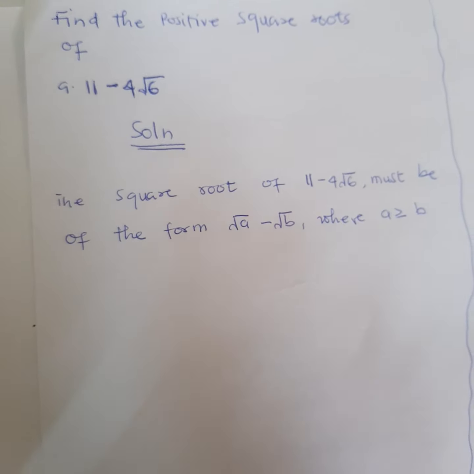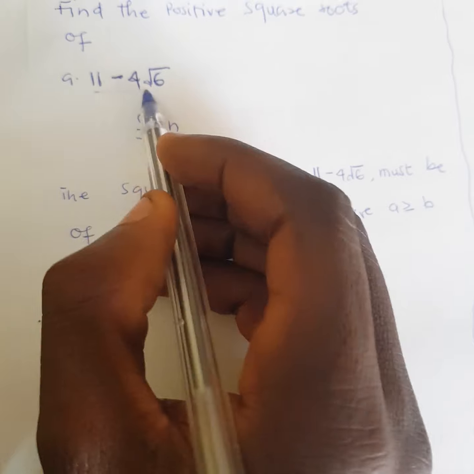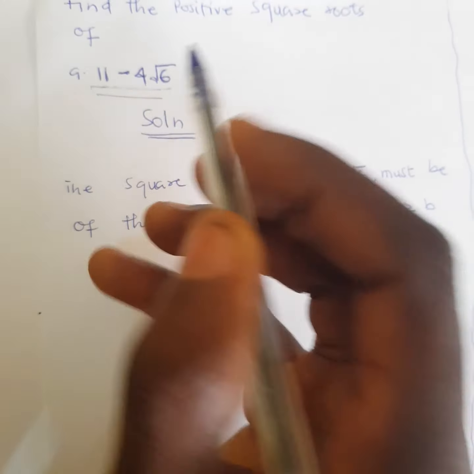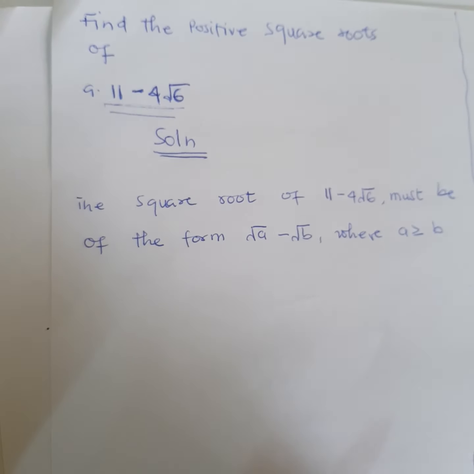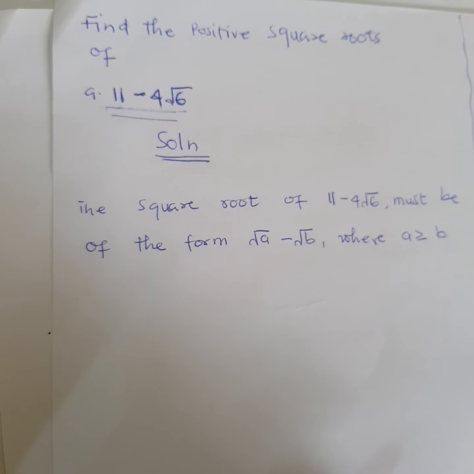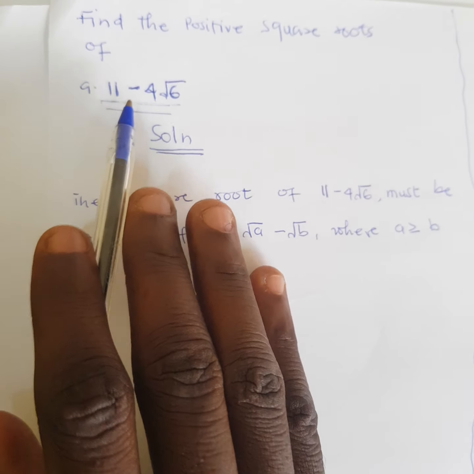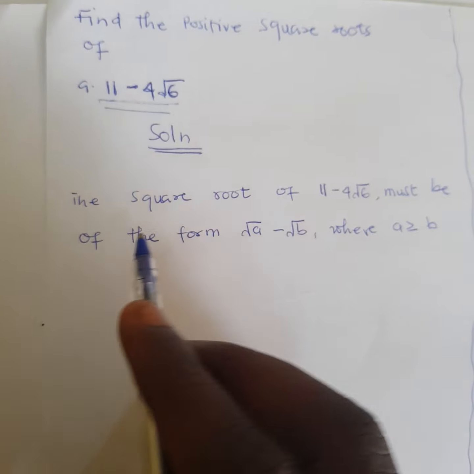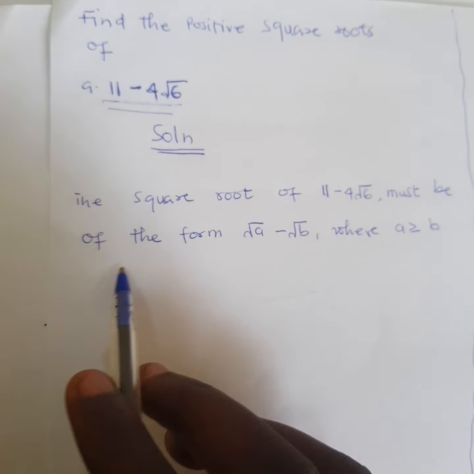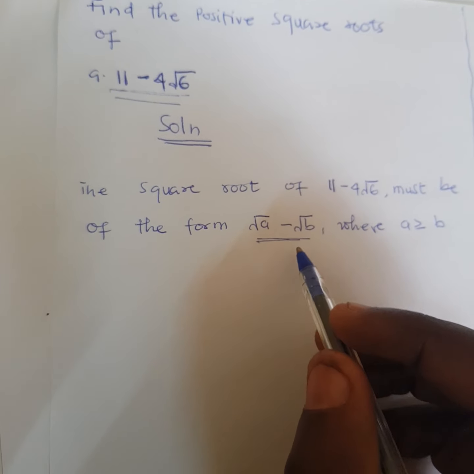Now there are two things I want you to understand here. If you are given something like this to solve, you look at the arithmetic sign in between the two terms in the expression. You realize that the arithmetic sign is negative. That is why they are saying it must be of the form root of a minus root of b.